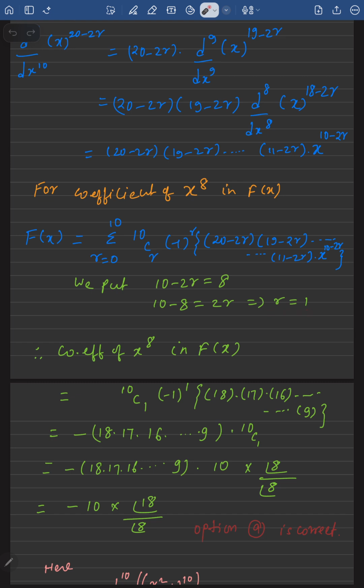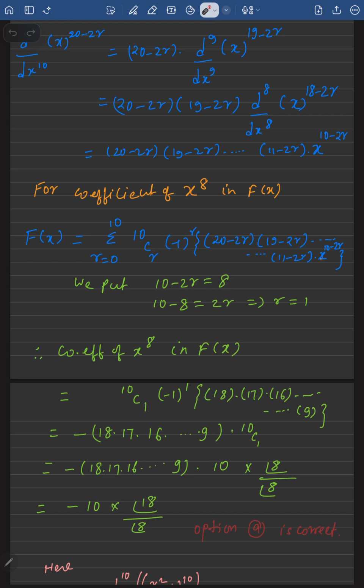So to get the coefficient of x power 8, we just put r equal to 1 in this expression. We do not need the summation now, only one term, that is r equal to 1. The moment we put r as 1, we get 10C1, (minus 1) power 1, here 20 minus 2 into 1, that is 18, 17, 16 up to 11 minus 2 into 1, that is 9.